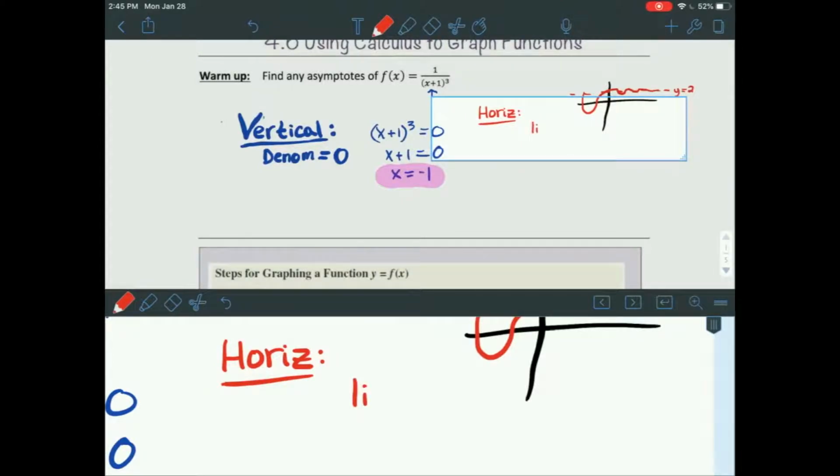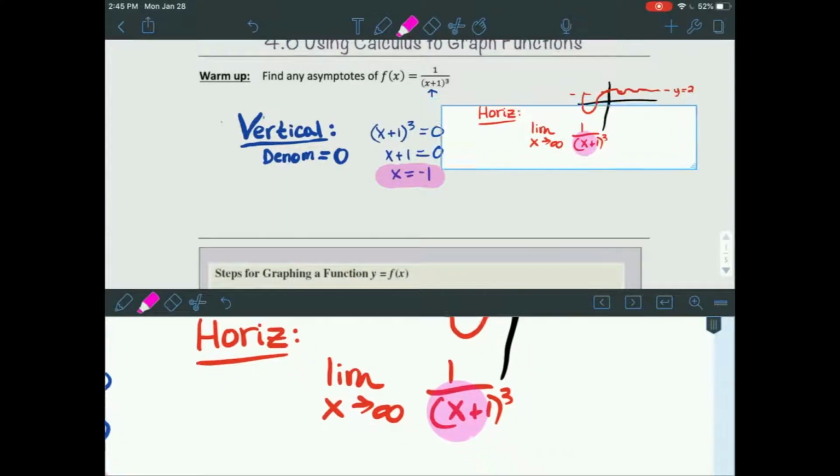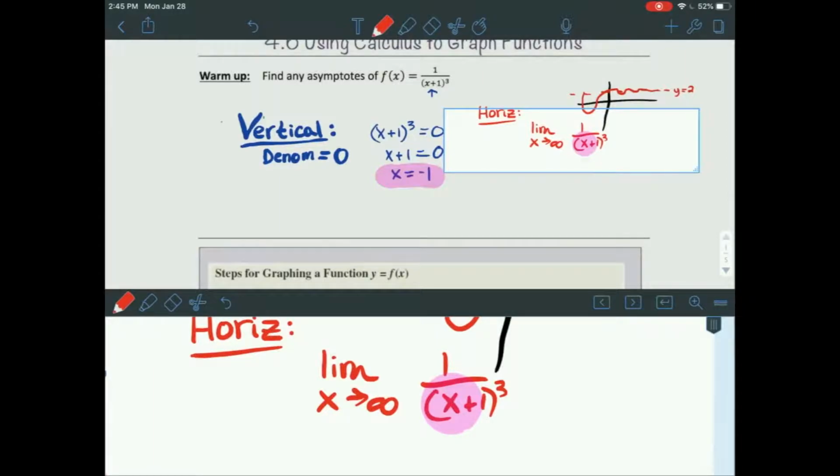So if we do the limit of our function as x approaches infinity, 1 over (x plus 1) cubed. Well, if you think about what's going to happen here, we have 1 over some very large value for x, some really big denominator, which essentially is going to go to 0.